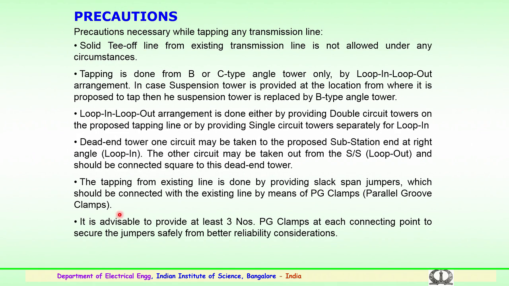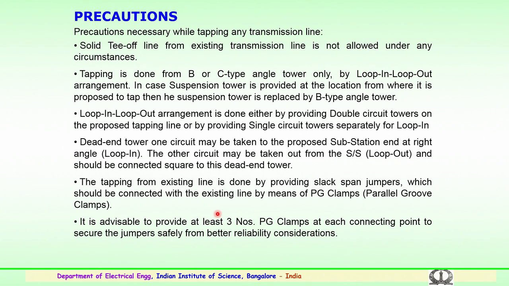The tapping from the existing line is generally done by providing slack span jumpers. Jumper conductors of the actual rating of the conductor are provided for the tapping of the existing transmission lines, and should be connected with the existing lines by means of parallel groove clamps.